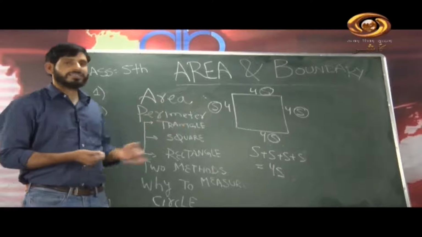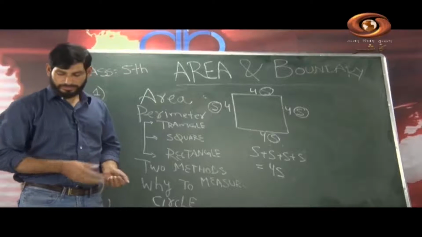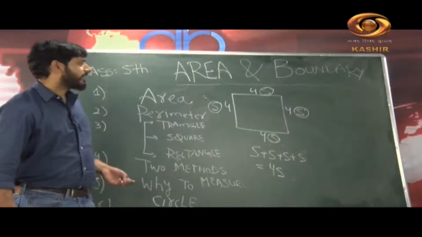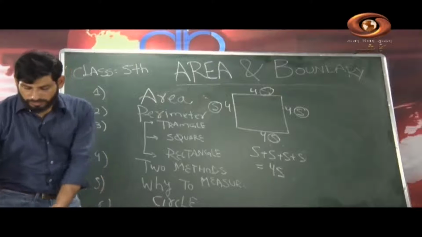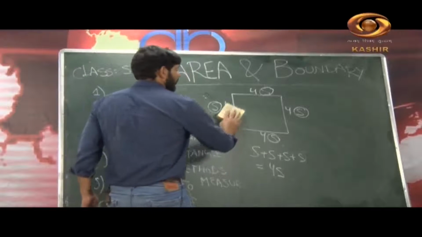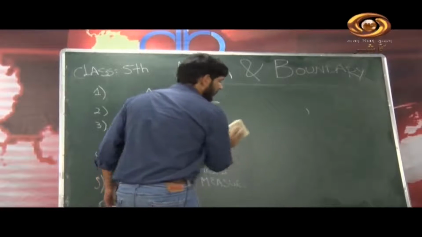If one of the sides is S, it becomes 4 times S, right? And second is the rectangle. I hope we already know now what a rectangle is. We will be applying the concept of perimeter to the rectangle.